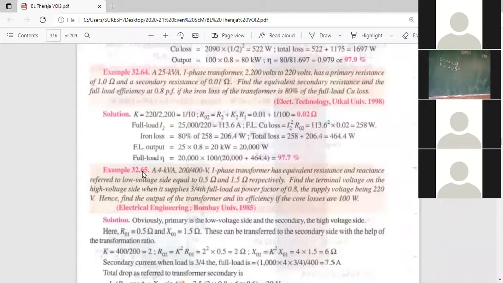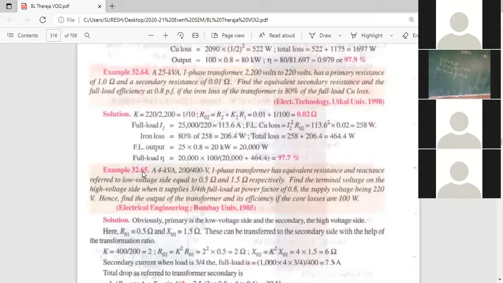R2 is 0.01 ohm. And he is giving V1 is 2200 and V2 is 220 volts.